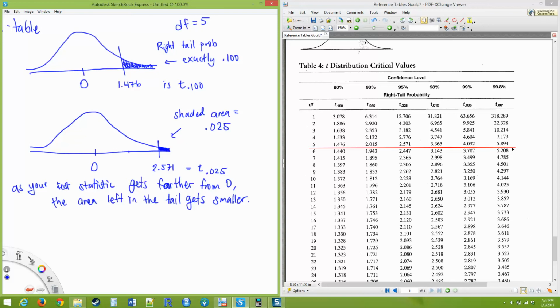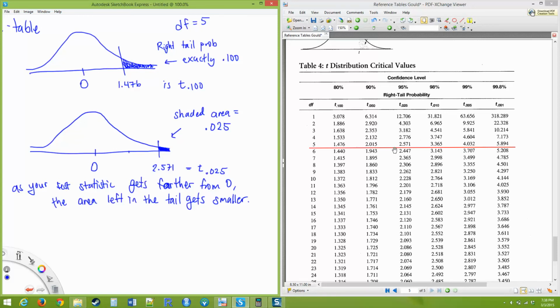So keep that in mind. Is this only the right tail? This is the right tail. I'll talk about the left tail, which is the negative version, but I want to cover this part first.